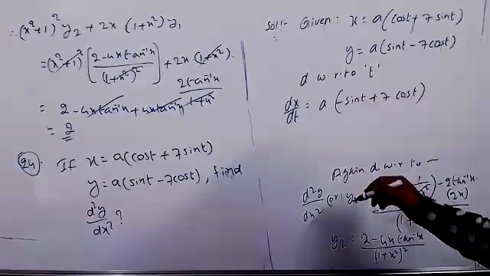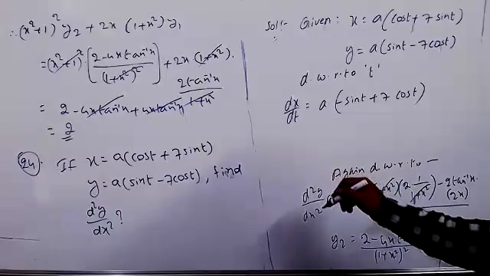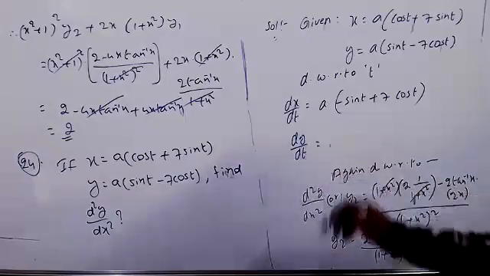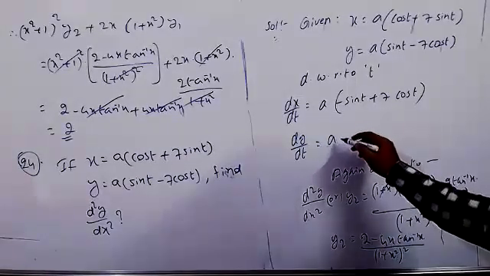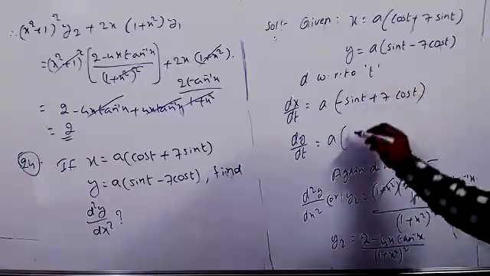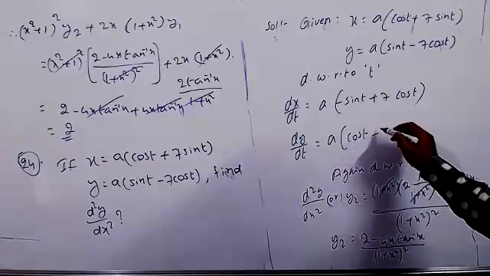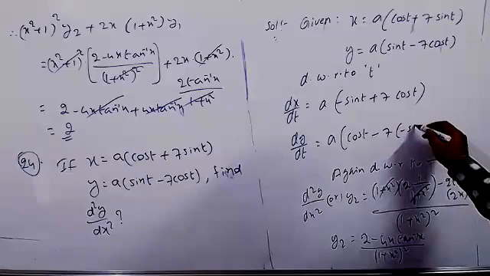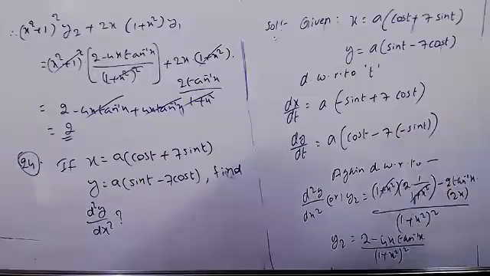The bracket you can write. Next, dy by dt equals a, the constant, times the differentiation of sin t, which is cos t, minus 7 times the differentiation of cos t, which is minus sin t.